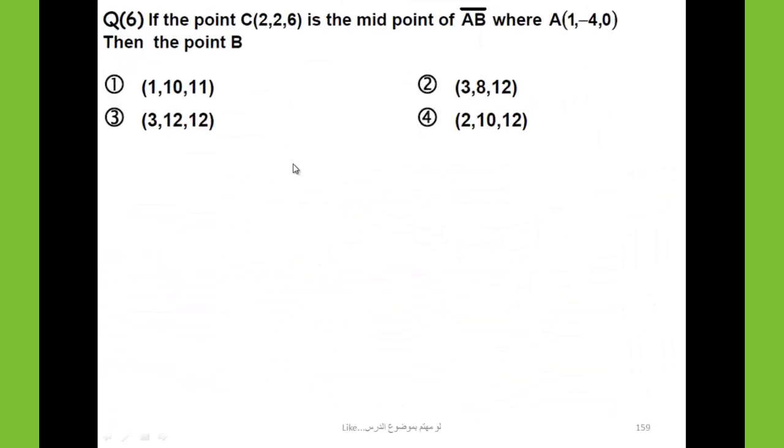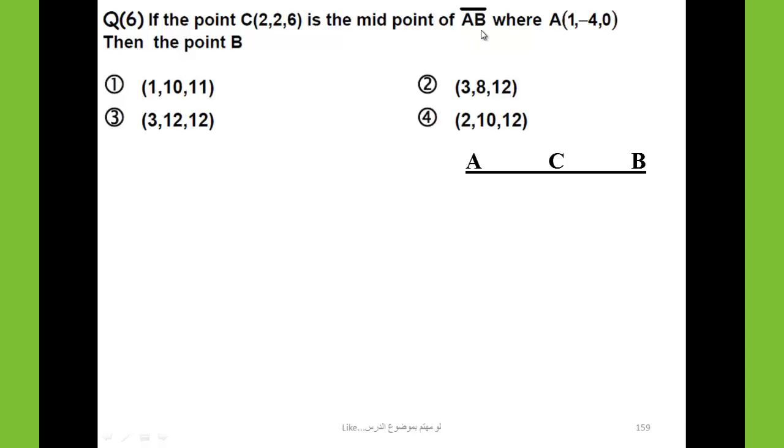Question number 6. If the point C is the midpoint of AB, where A equals (1, negative 4, 0), then the point B is... So we have 2 points A and B. We know one of these points, A equals (1, negative 4, 0), and B is unknown.